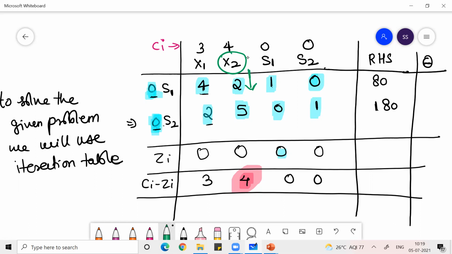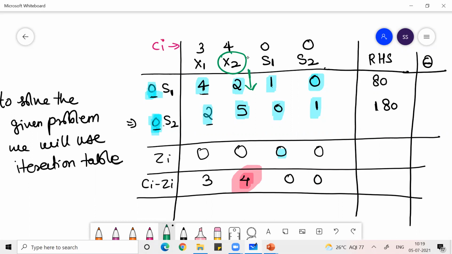This is how we solve the simplex method. We start by assigning slack variables in the equation, and then step by step through iteration tables we try to remove these dummy variables.